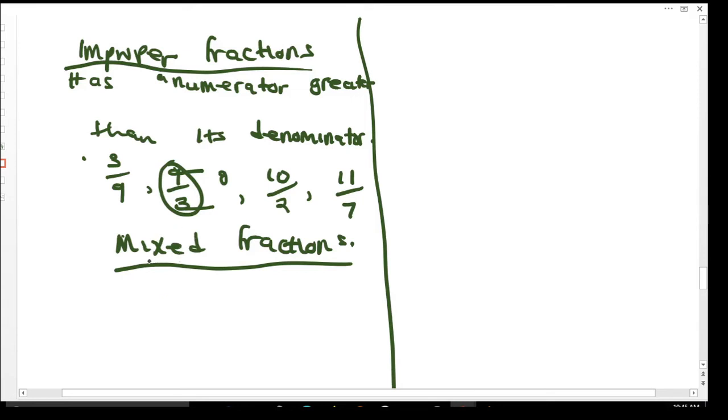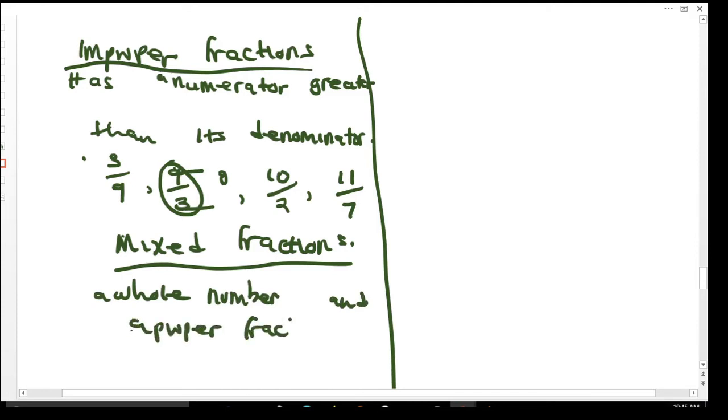Then let us look at mixed fractions. A mixed fraction comes from an improper fraction, but this mixed fraction has a whole number. So it is a combination of a whole number and a proper fraction.